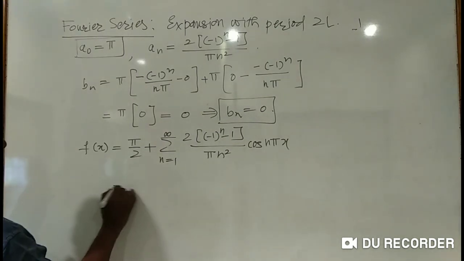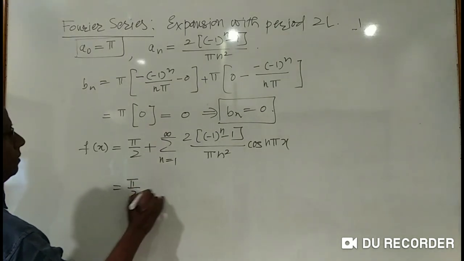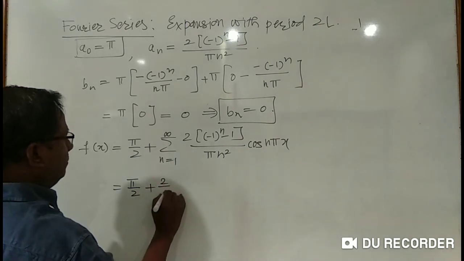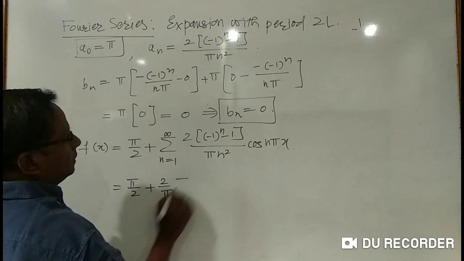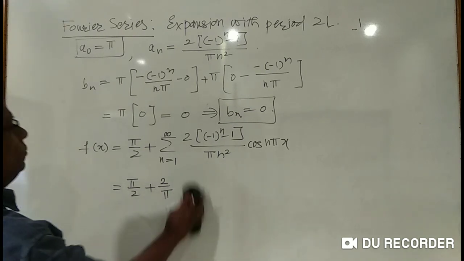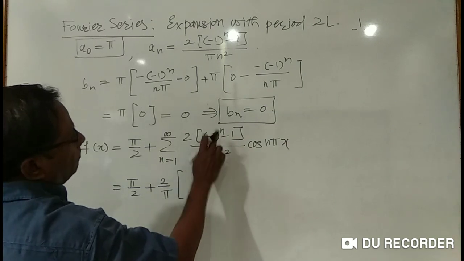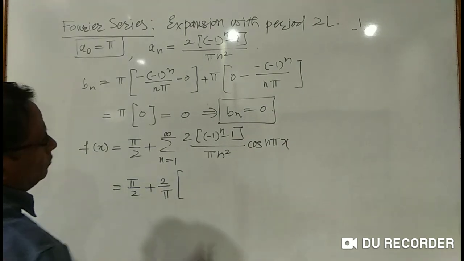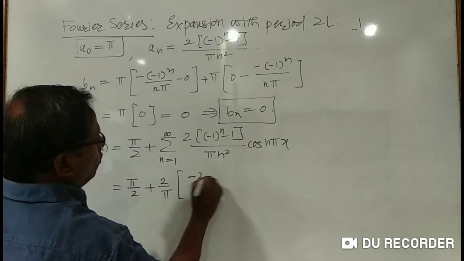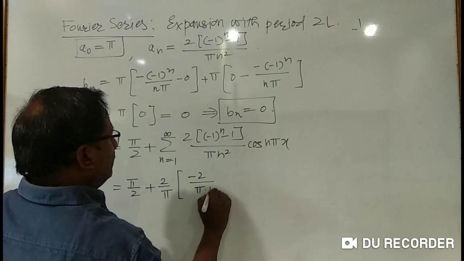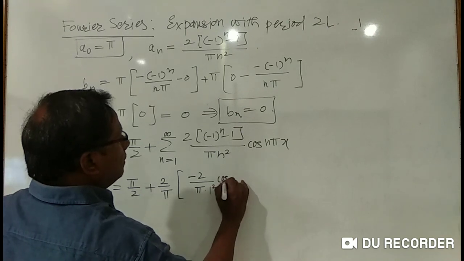Now simplifying this, what you will find: pi by 2 plus, here 2 by pi I can take outside the summation, 2 upon pi. Inside the summation I will put the values of n. n equals 1: minus 1 raised to 1 is minus 1, minus 1 minus 1 is minus 2, minus 2 upon pi, 1 square, into cos of pi x.